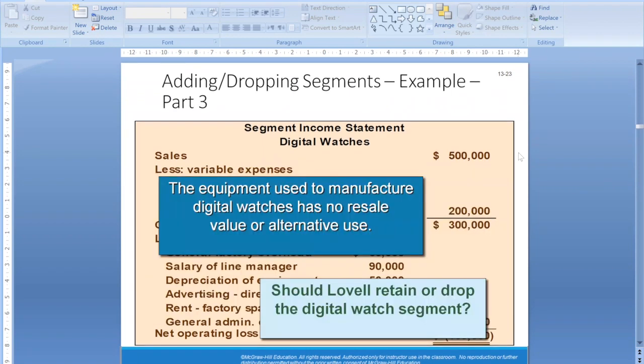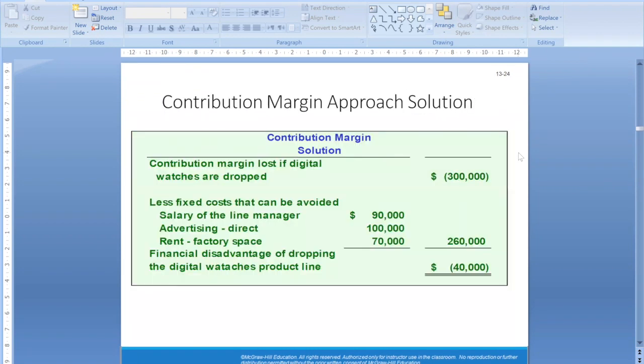The 260 is the total of the fixed costs that can be avoided if we stop the digital watch line. Compare this number with the loss of the contribution margin if we stop the digital watch line. So if we stop the digital line, we will have a disadvantage. Disadvantage means we will lose more if we stop the line.